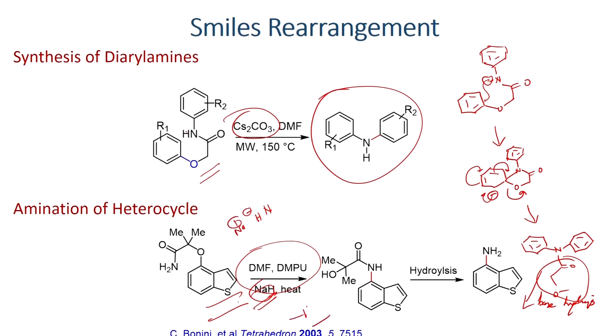You lose hydrogen gas, so you will have this intermediate which, as we have just seen, can undergo addition reaction.